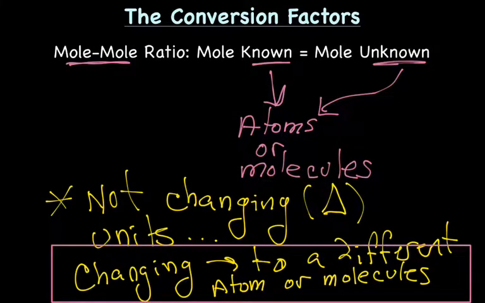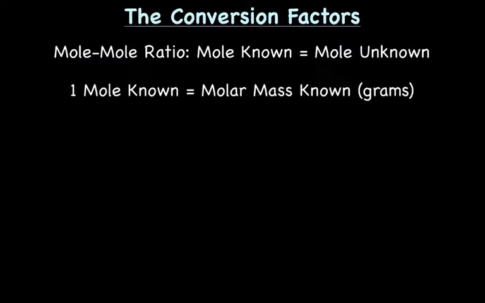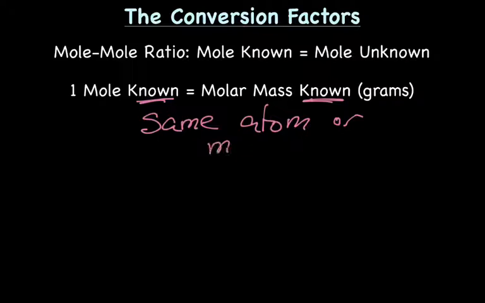All right, the next conversion factor is mole known to molar mass known. We used this before when we were doing mole conversions. The only difference is now you have to keep in mind that when we're talking here, known, known, this needs to be the same atom or molecule.